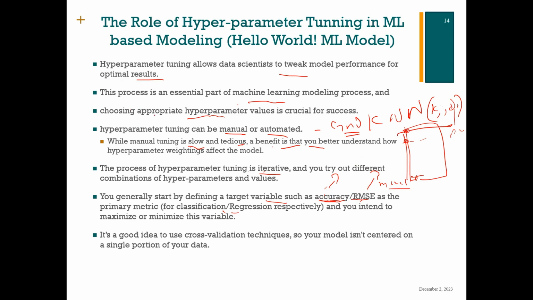Another thing to note is it is always a good idea to use cross-validation techniques so that your model is not centered on a single portion of your data set. This is very important. More often than not, people use 80%, 20% for hyperparameter optimization.